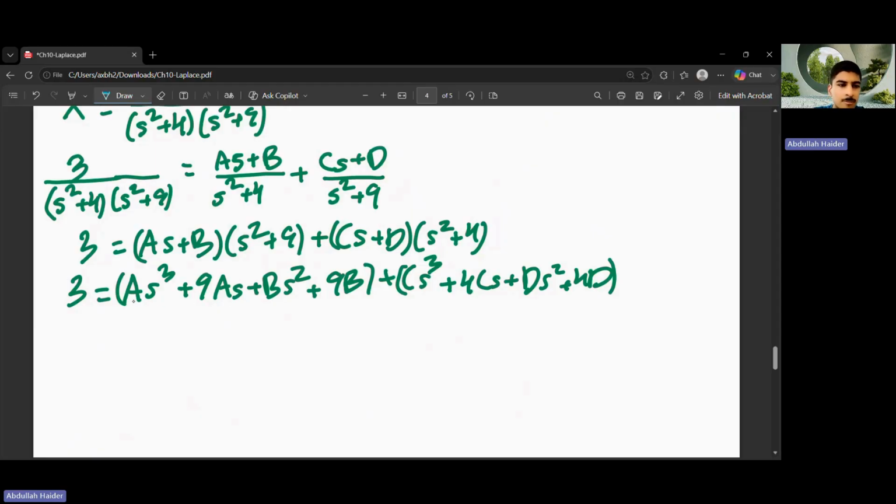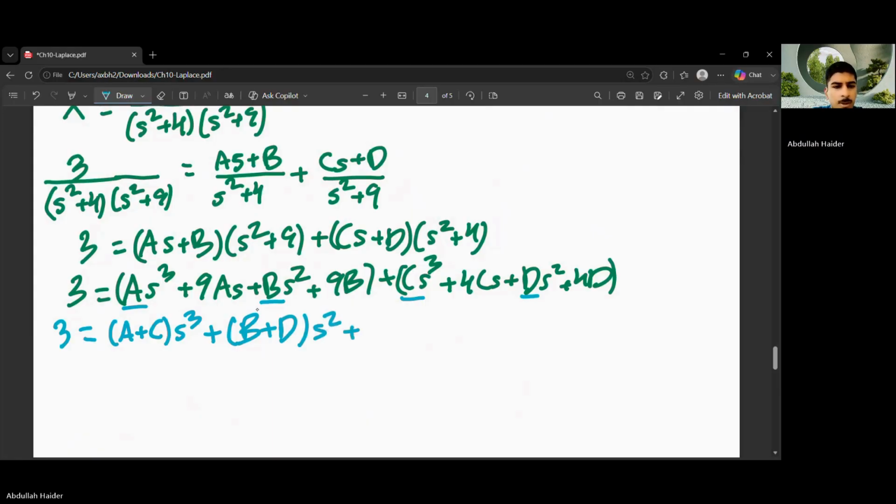What I mean by that is you can combine them: a plus c times s cubed, plus b plus d times s squared, plus 9a plus 4c multiplied by s, plus 9b plus 4d.